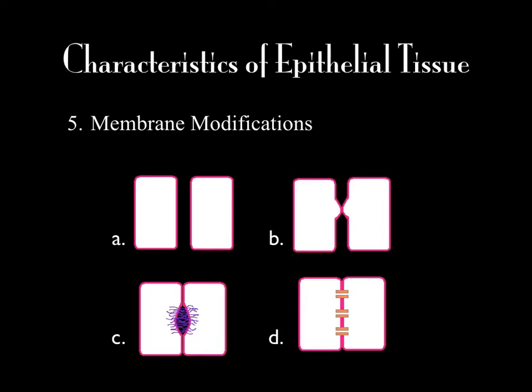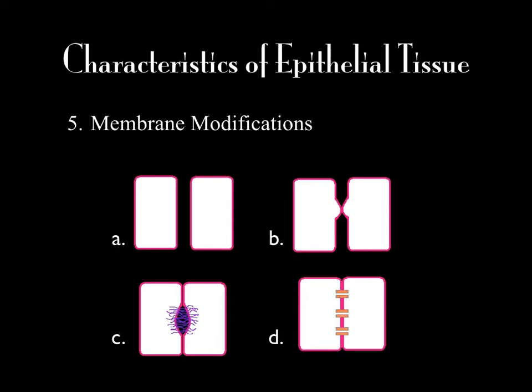Now focus your attention on the cells that you see in Figure D. Notice that in Figure D, the two cells are connected, but unlike the other two modifications that we saw, those two cells are connected by channel proteins, which are represented by the orange rectangles that you see there.